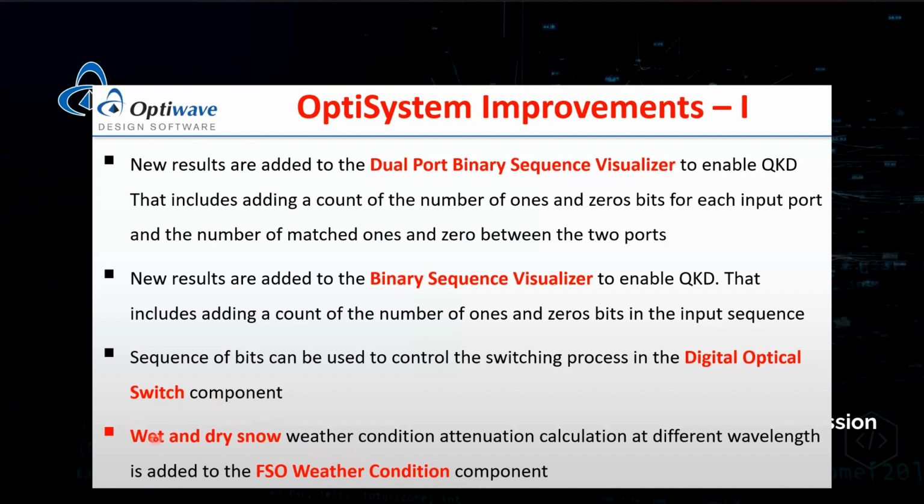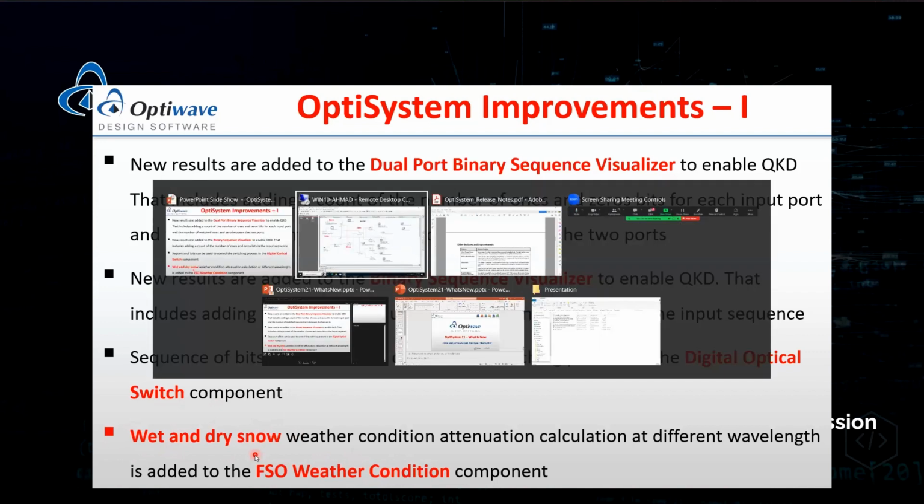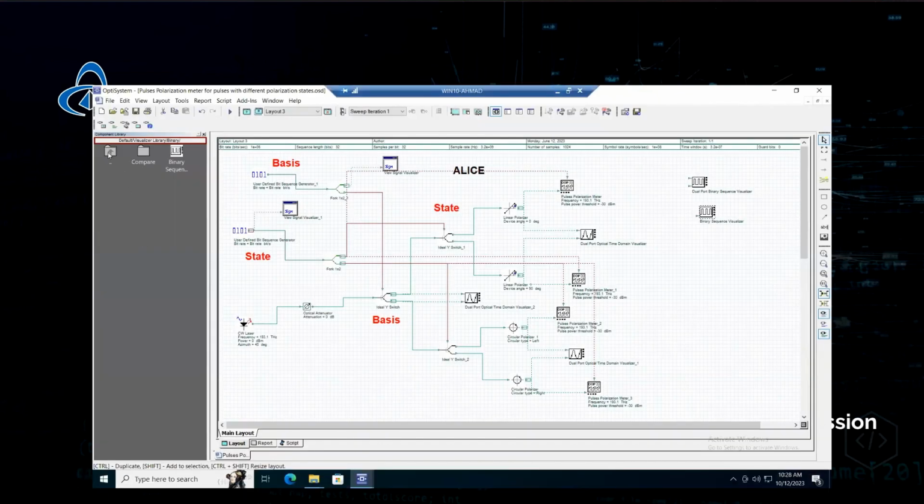We added a new feature where we have wet snow or dry snow. If you go into free space optics here, this is the free space weather condition component. If you look, this component is standalone, so there is no input, no output.